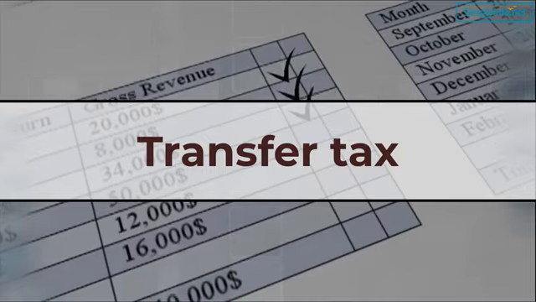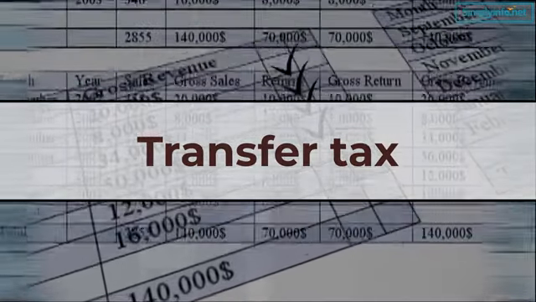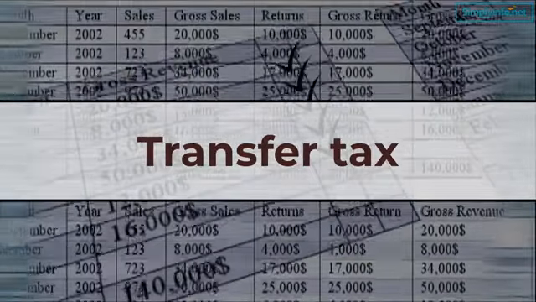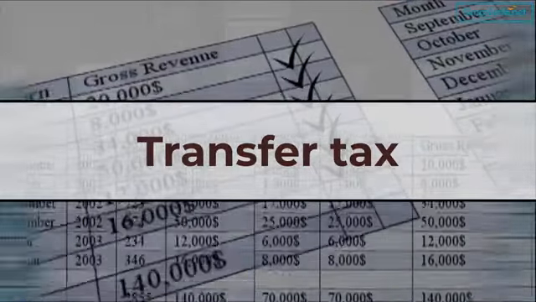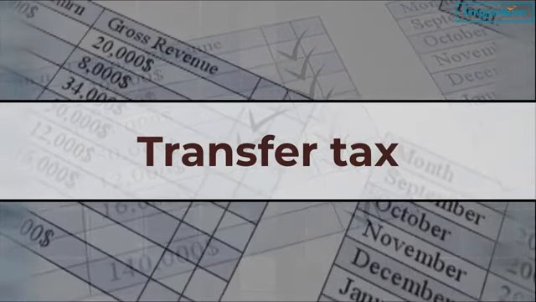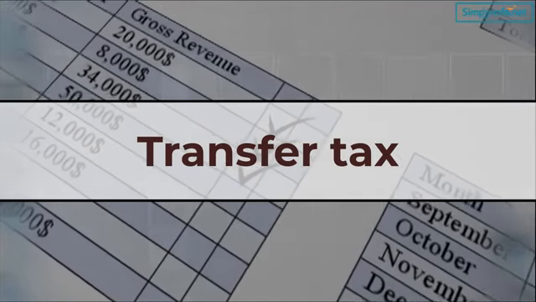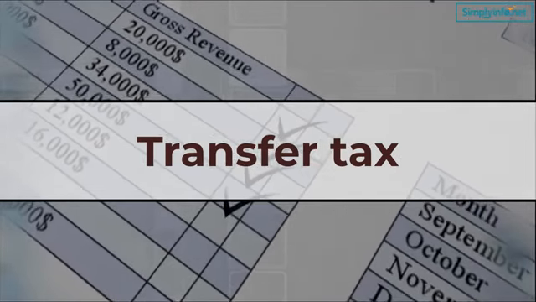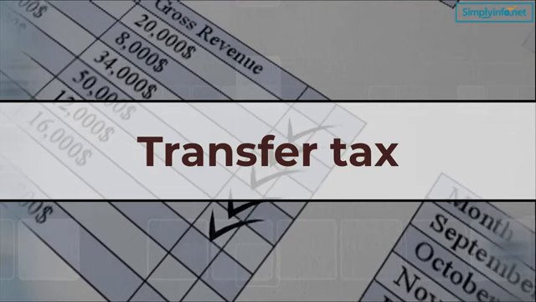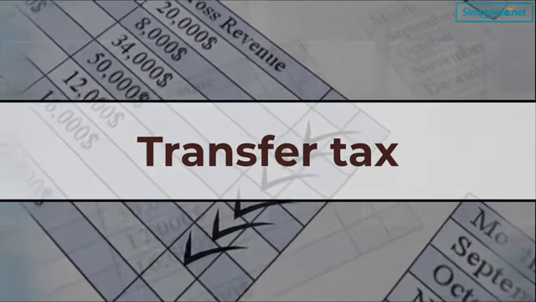Transfer tax. The most common form of transfer tax is the estate tax or inheritance tax. It is raised on an estate or the total value of money and property that an individual has left behind after their death. A gift tax is also another form of transfer tax wherein a certain amount is collected from people who are transferring properties to another individual.